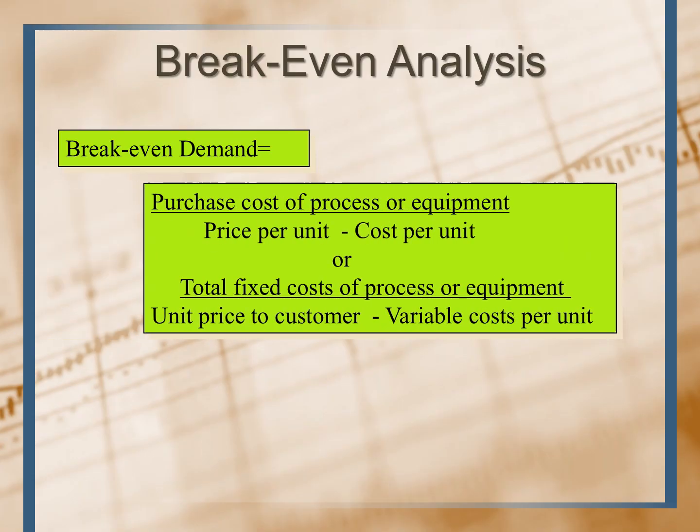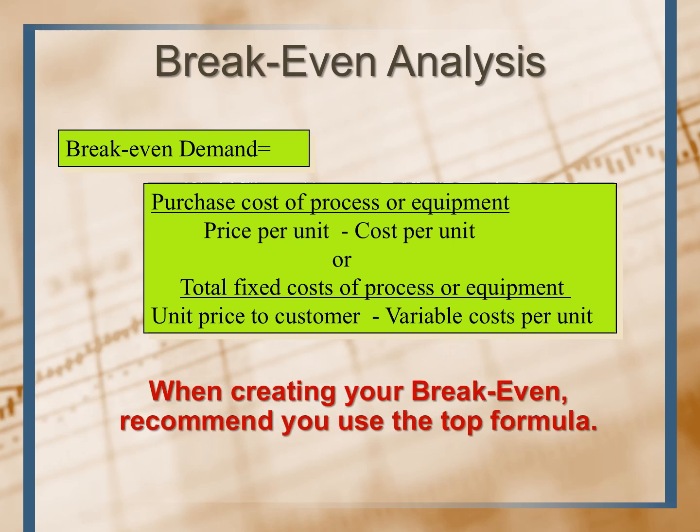So a break-even demand is the purchase cost of the purchase or equipment divided by the price per unit minus the cost per unit. Or it could be the total fixed cost of process and equipment divided by the unit price to customer minus the variable cost per unit. I'm going to recommend, if you're creating a break-even analysis, you use the top formula.